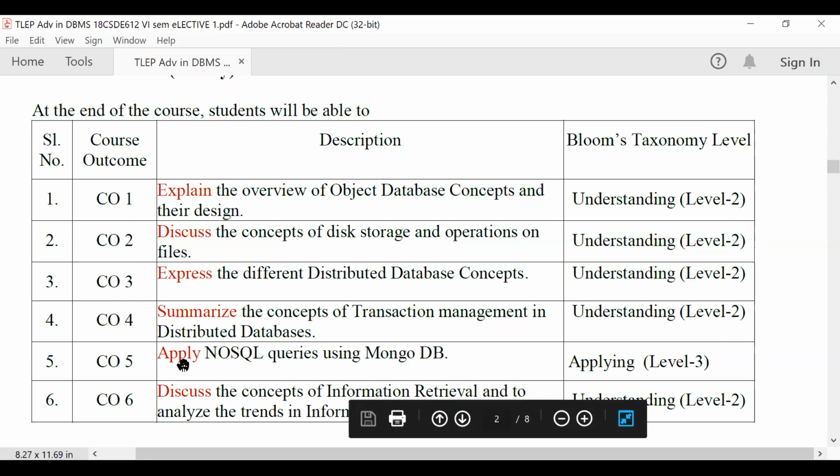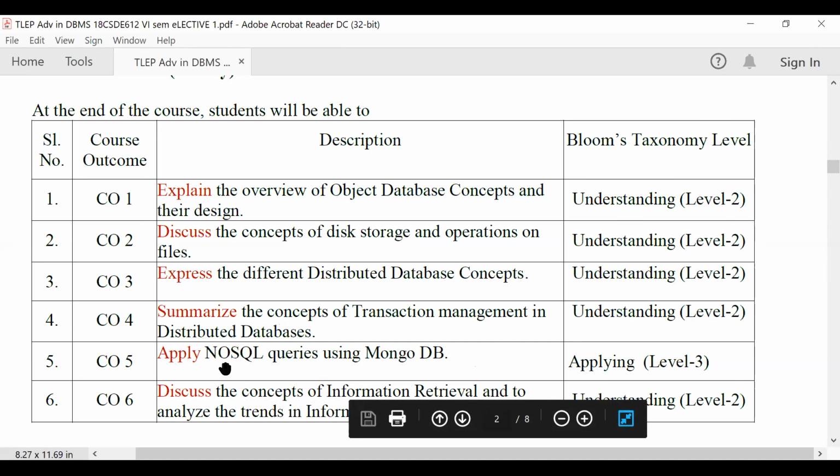Your fifth CO statement is apply NoSQL queries using MongoDB. Your module 4 is based on NoSQL, unstructured database management concepts, NoSQL, Neo4j and MongoDB. Here we are applying, so we can create some queries.